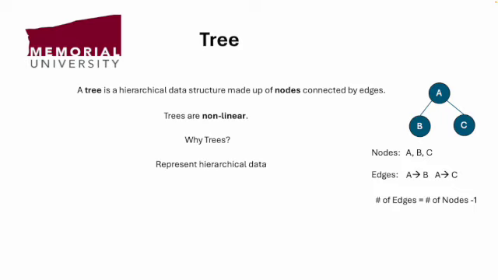Hierarchical data: there is a lot of hierarchical data in our daily life, right? Like a company organization, it's a hierarchy. So the CEO, and then multiple managers report to the CEO, and multiple employees report to each manager. So that's hierarchical data, okay?